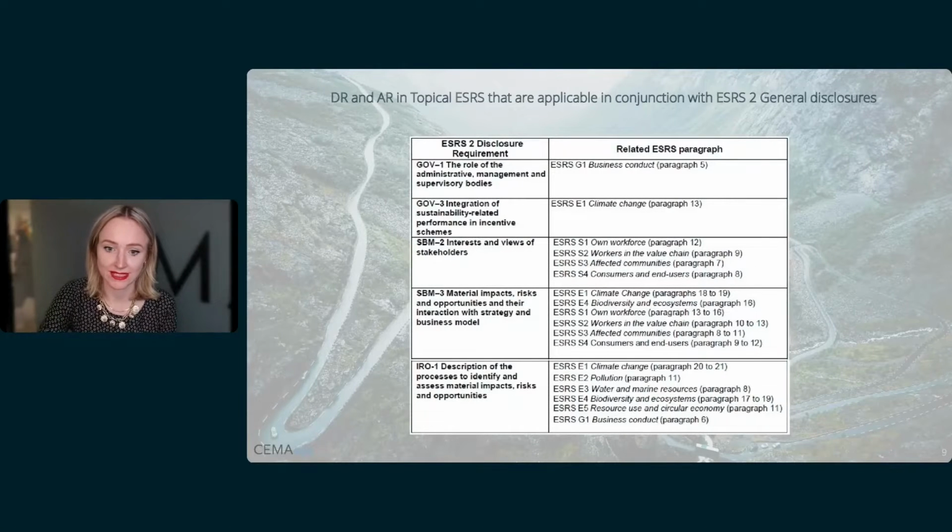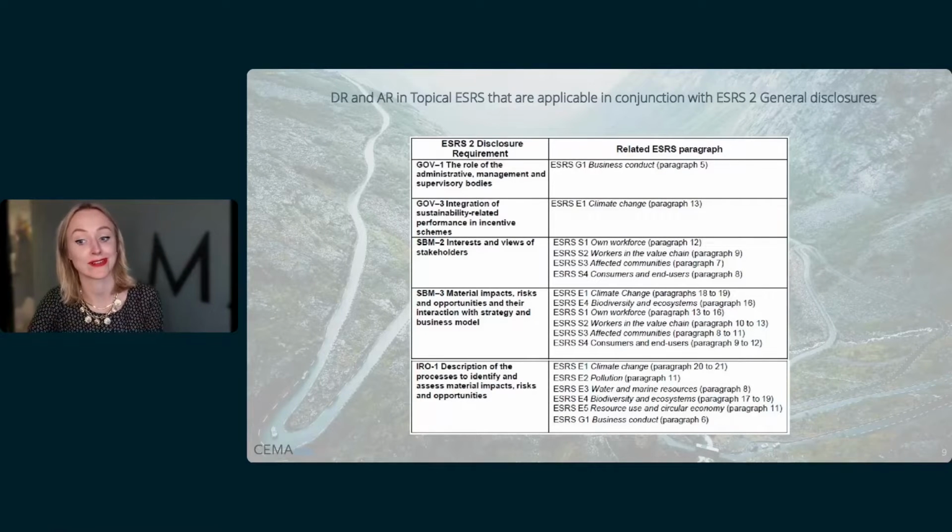DR stands for disclosure requirement, and AR stands for application requirements. So disclosure requirements and application requirements in topical ESRS are applicable in conjunction with ESRS 2 general disclosures. This is just an overview, because remember that I said that some of the general disclosures that all companies need to report on go hand in hand with the topical disclosures.